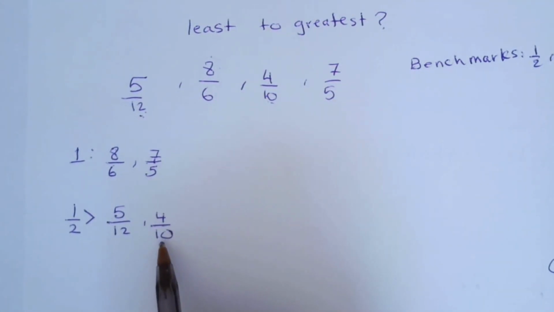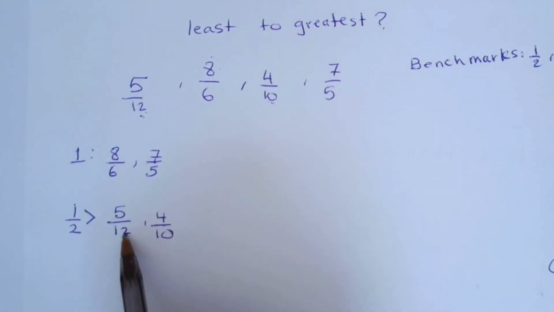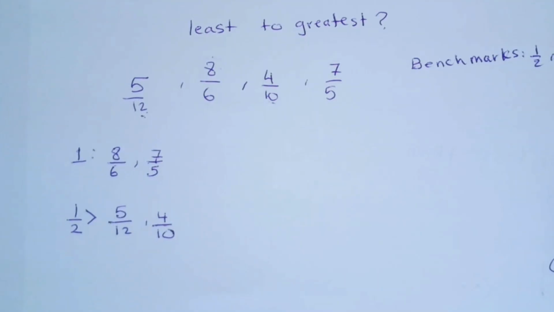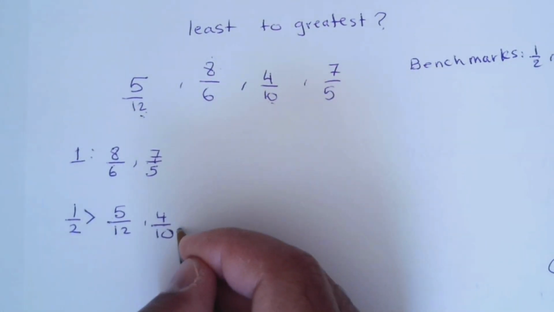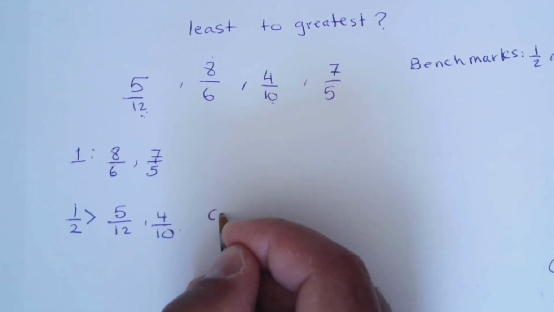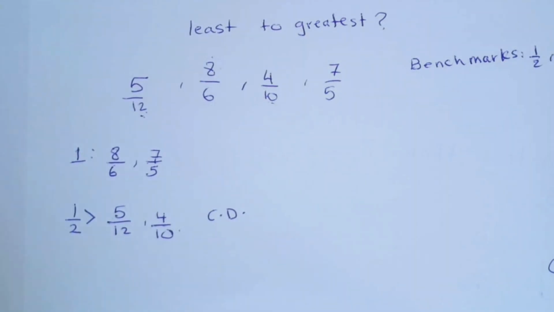Okay, so let's look at these two denominators. So is 10 a factor of 12? Can we get 12 from 10? No. So let's do the easy thing. Let's just create a common denominator.